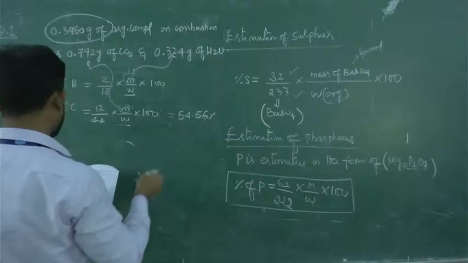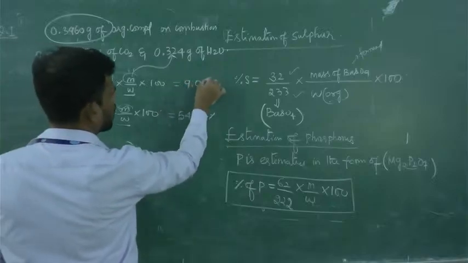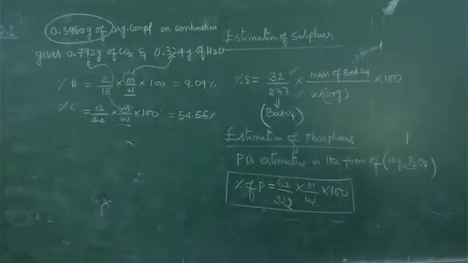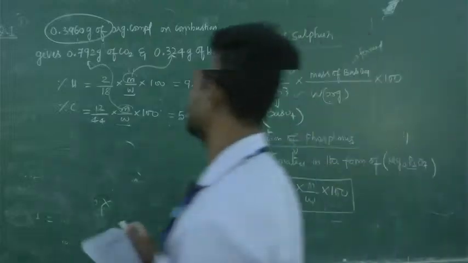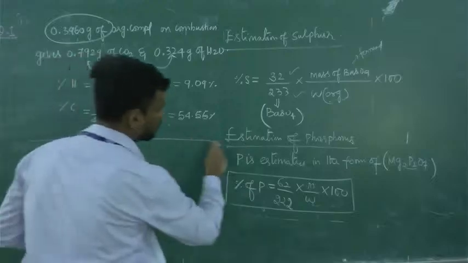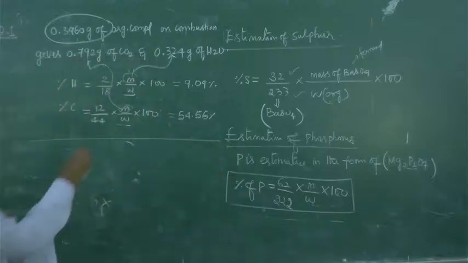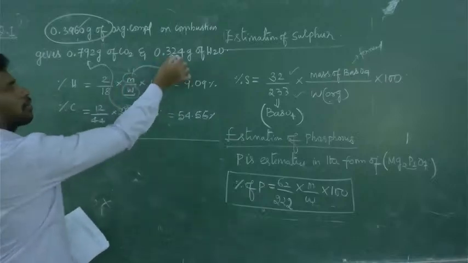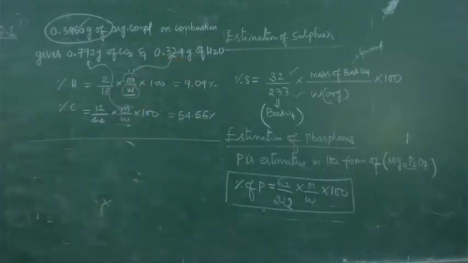In this case the hydrogen is going to be 9.09%. Check your answer. W is the weight of the organic compound that is given. M is how much compound is formed. Is it clear?